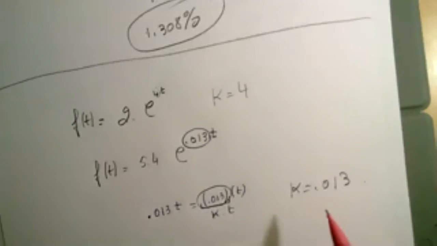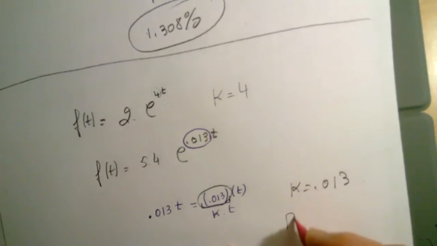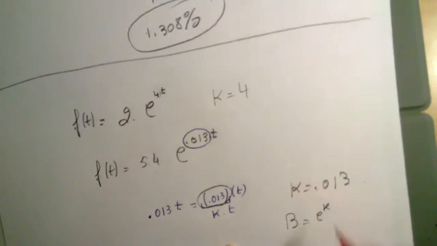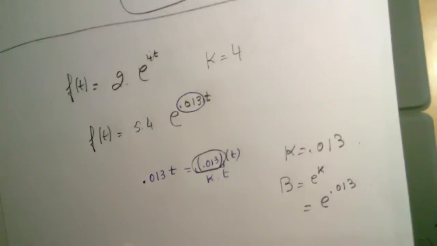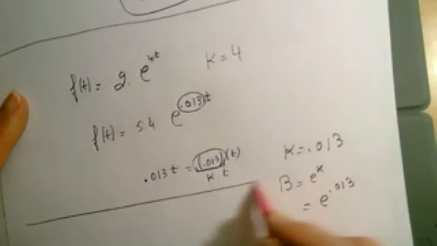B is e to the k, which means e to the power 0.013. You put that in the calculator and that gives you B. I don't know if I'm answering the question. I'm trying.